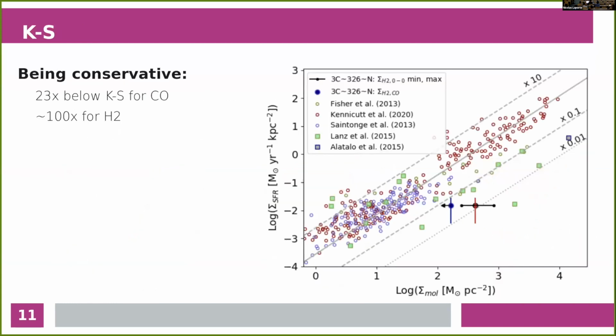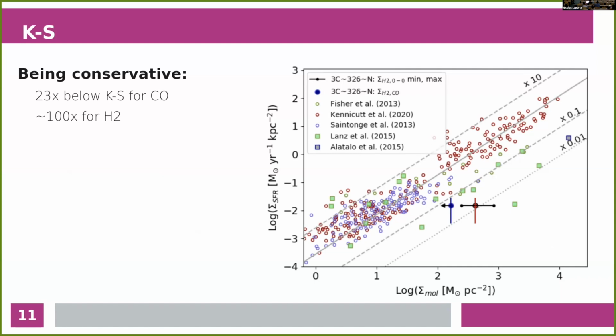Just as a next quick thing, we also compared this galaxy to the Schmidt relationship, just to see if it does indeed fall below, and we find that it does. If we use CO, which is a cold gas tracer, we find that we fall about 23 times below the Schmidt relationship, being very conservative about it.